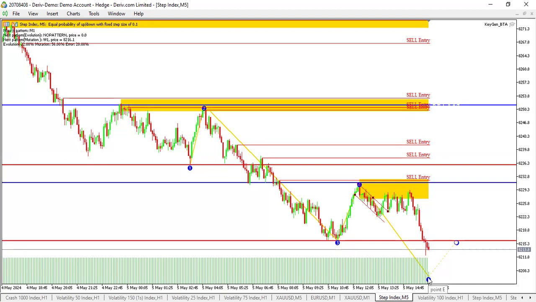So in a nutshell, you can actually sell it until it reaches this point. But since it's around this red line, pullbacks are more likely to happen. So it might pull back. So you just need to be careful.